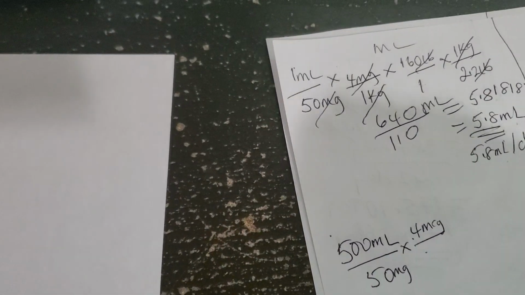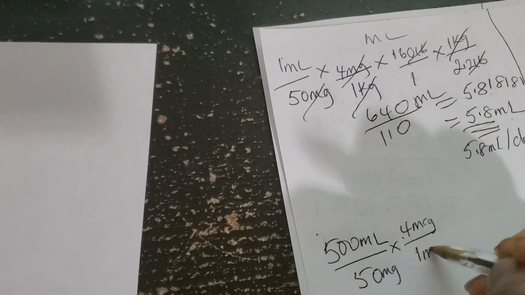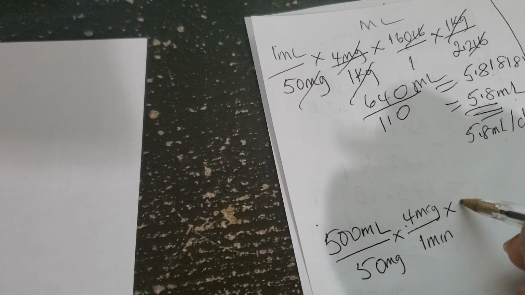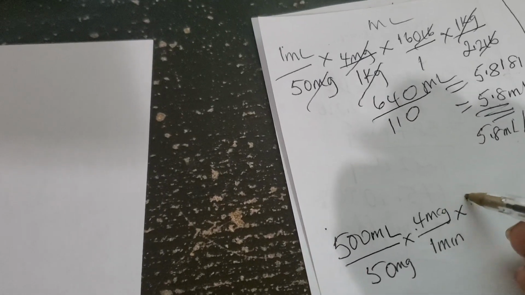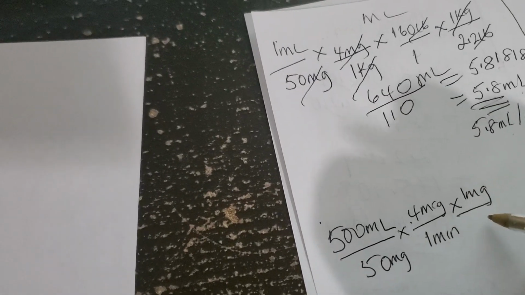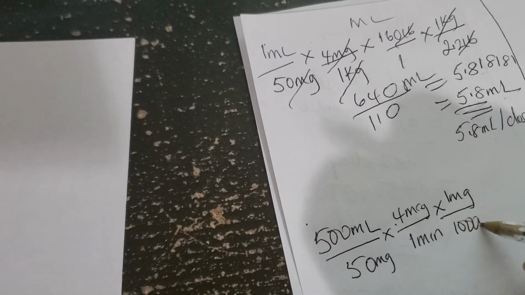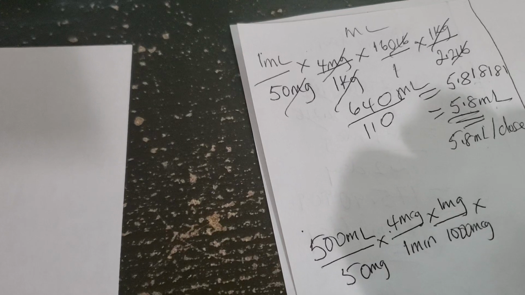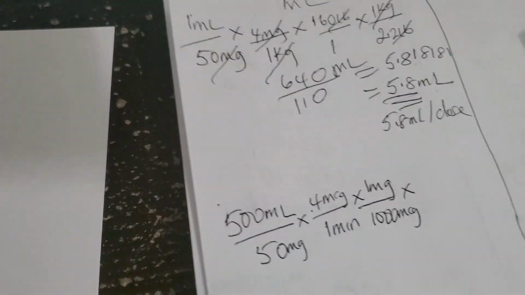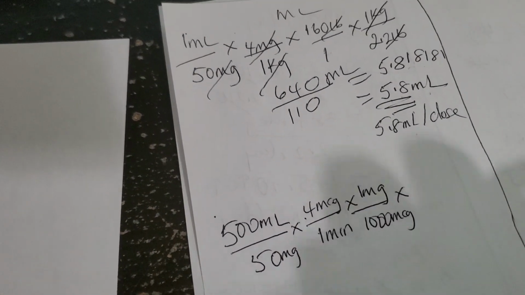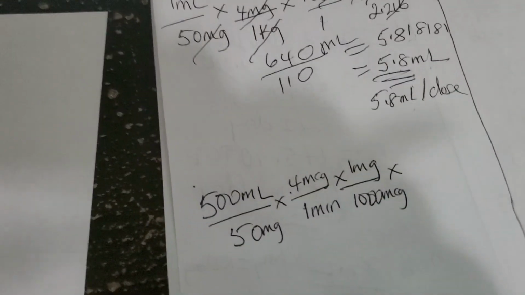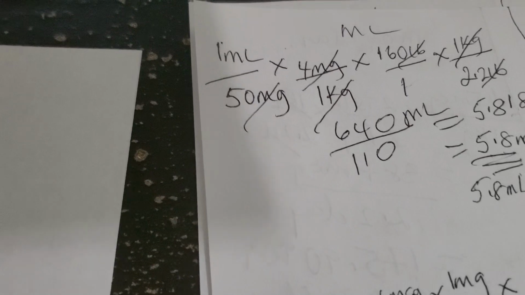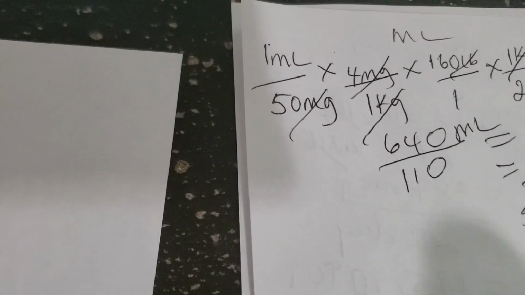Now, this is per minute. 4 microgram per minute. So we have to change the microgram. So 1 milligram is 1,000 microgram. I hope it makes sense to you. You get that? Okay. So that's the conversion we are making.